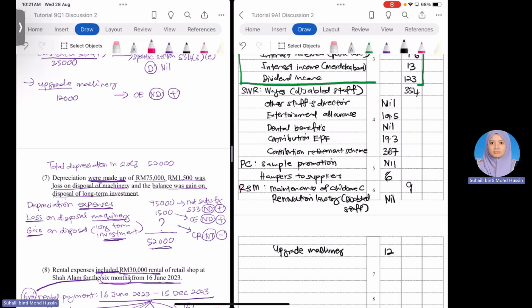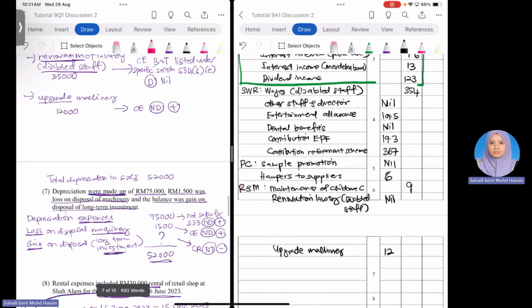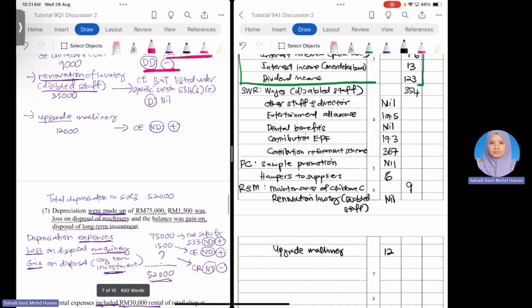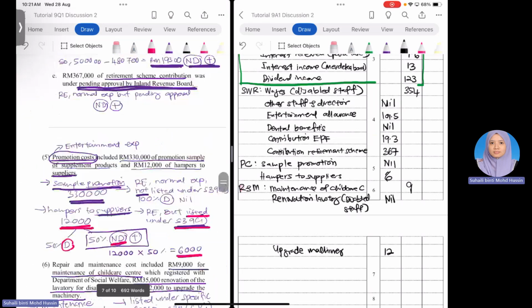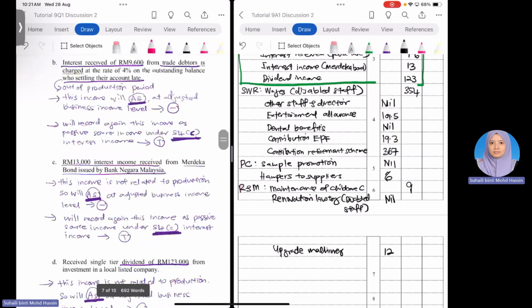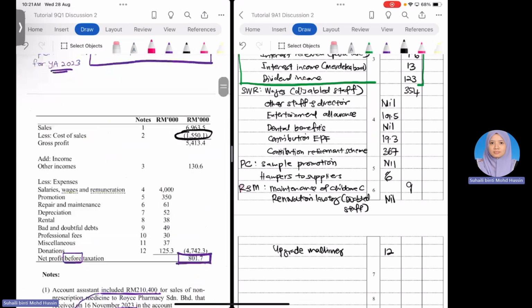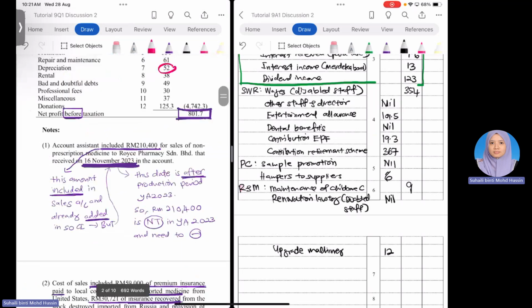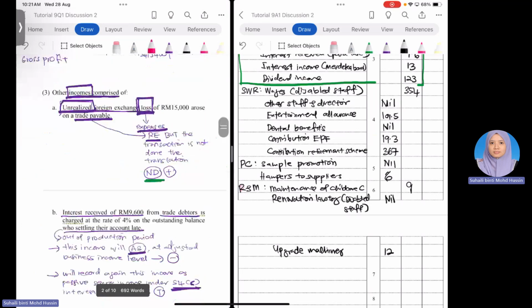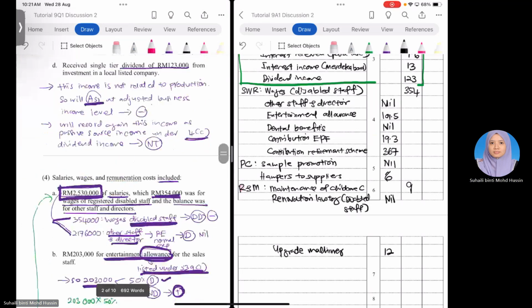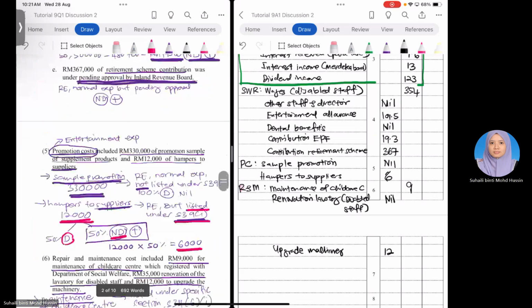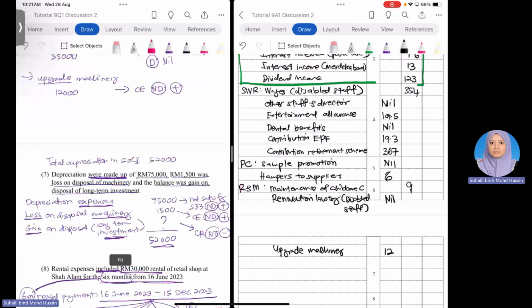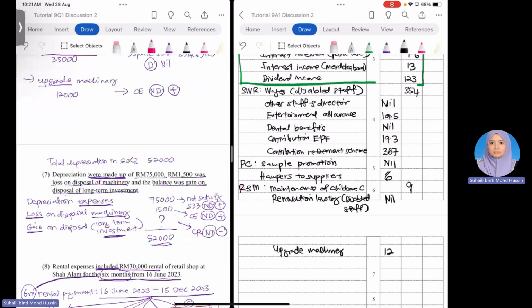Okay, right. Number 7, you have the depreciation. The total amount of depreciation that you already deducted in SOCI is 52,000 ringgit. From this 52,000 ringgit, the question listed three items. How do you get 52,000?